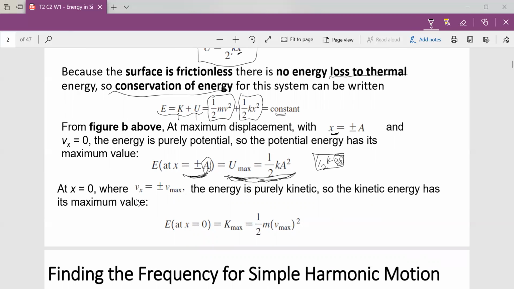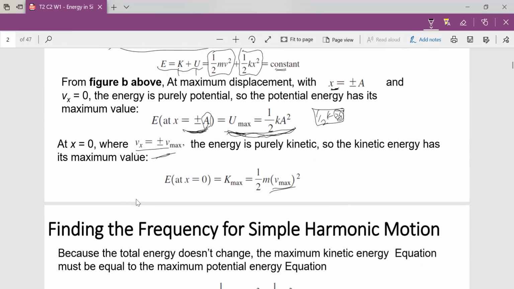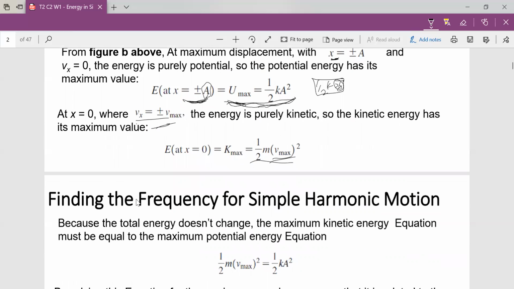The same goes for the kinetic energy at maximum velocity: K max equals half m v max squared. This describes the scenario where the potential energy is at maximum and the kinetic energy is at maximum as well.